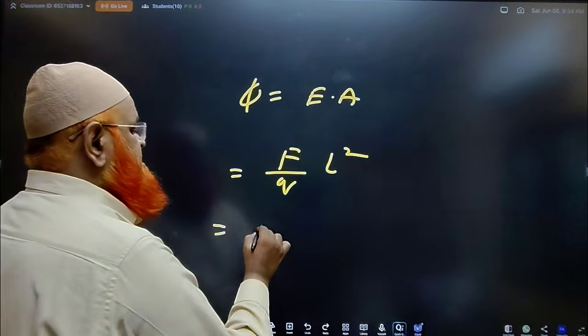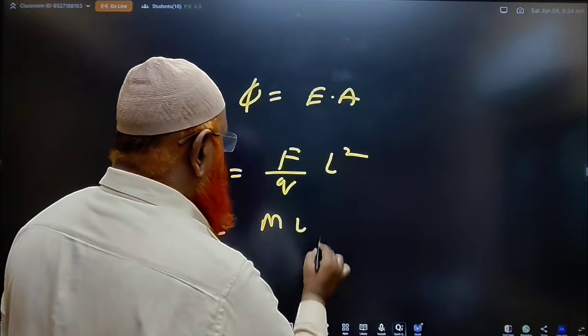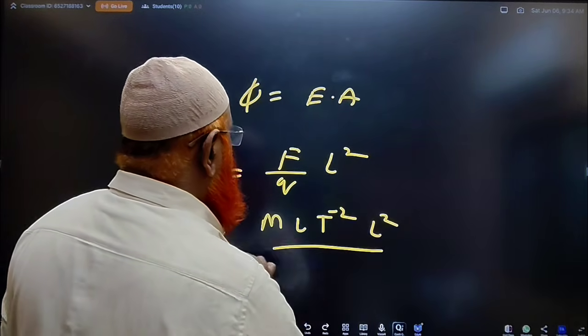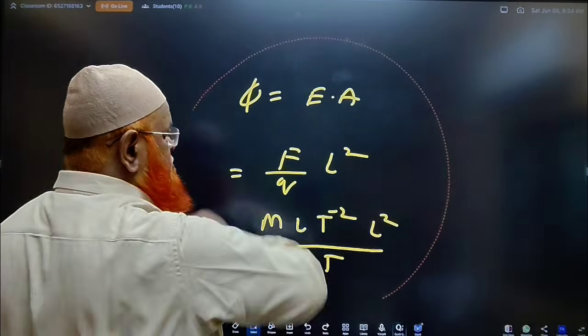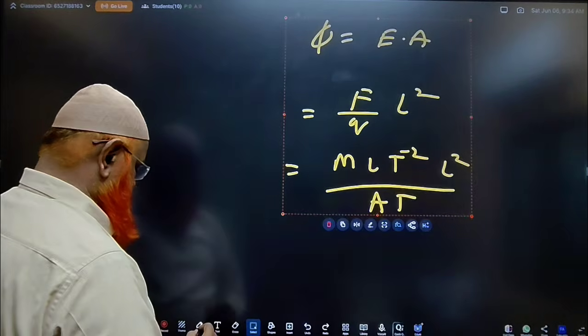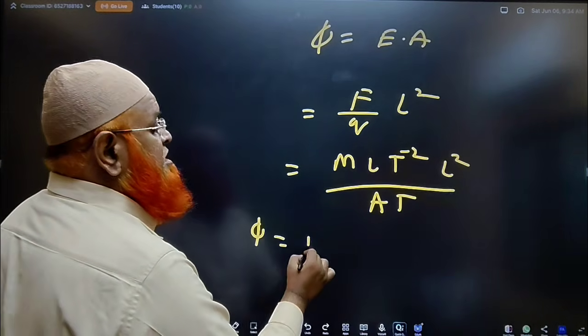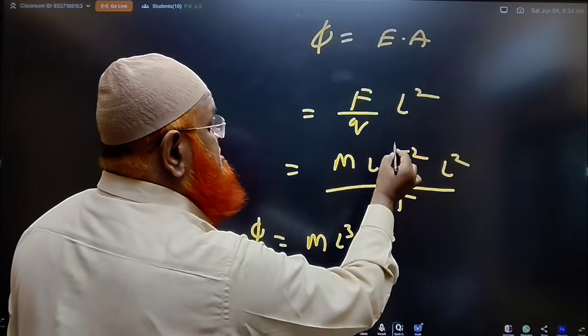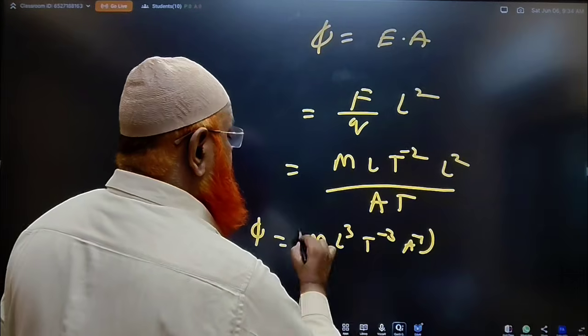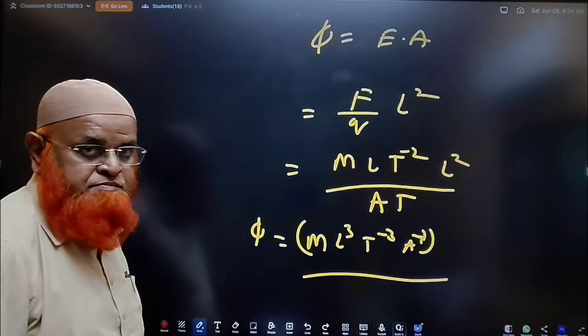So this is MLT^-2 L² divided by charge, and charge is nothing but A into T. Therefore, electric flux is nothing but ML³ T^-3, and this A comes to the numerator as A^-1. Okay. Next.